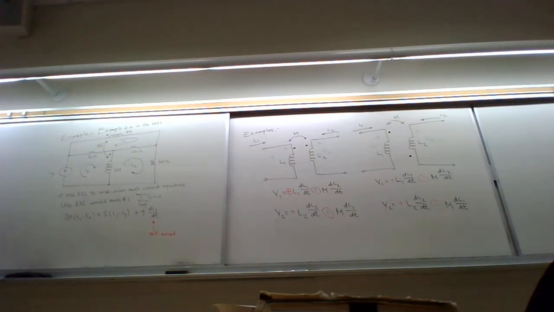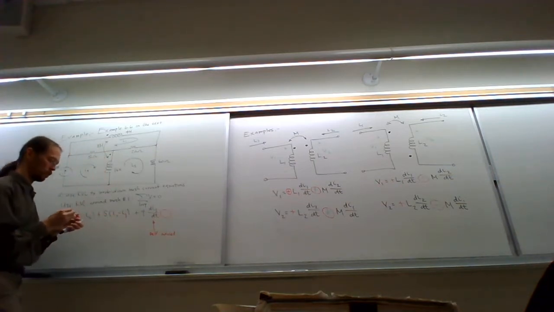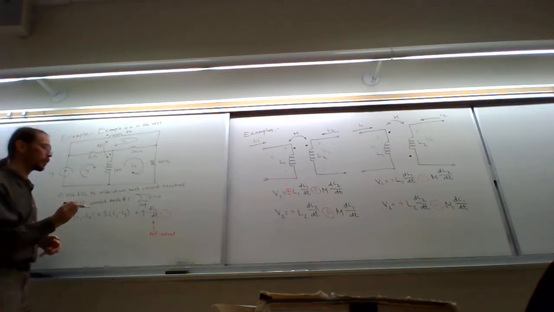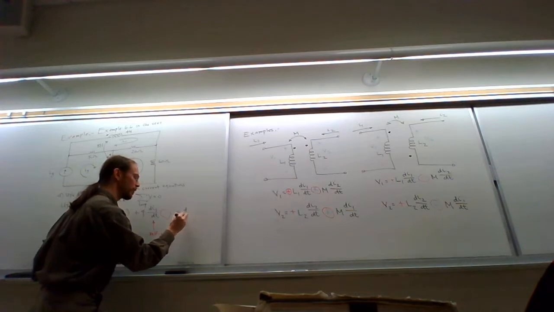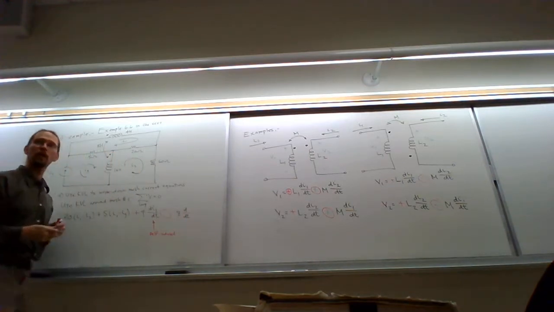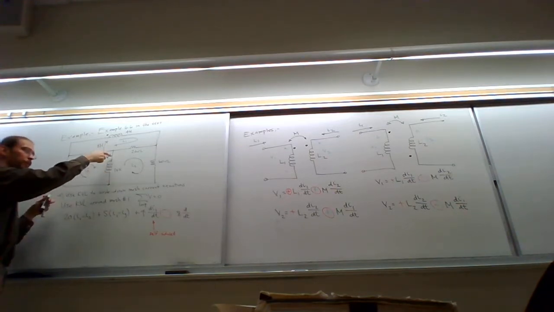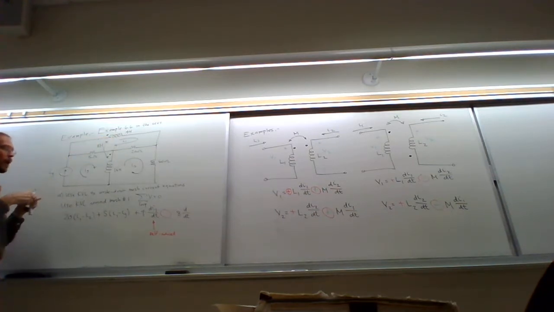Then we're actually going to have a mutual term, a mutually induced voltage. And the mutually induced voltage is the mutual inductance times the time derivative of the current that's flowing through the other coil. So there is a current flowing through this coil that is setting up a magnetic field over there. Now, here we actually have to make a choice.